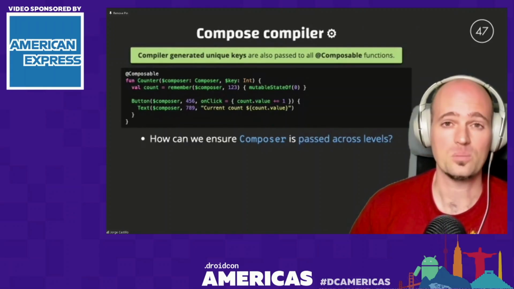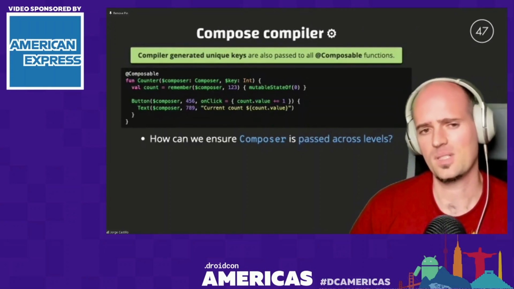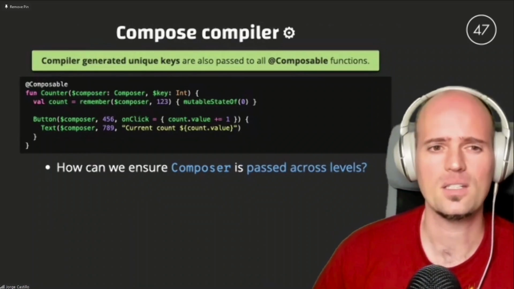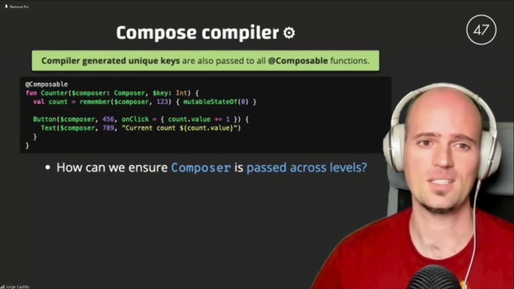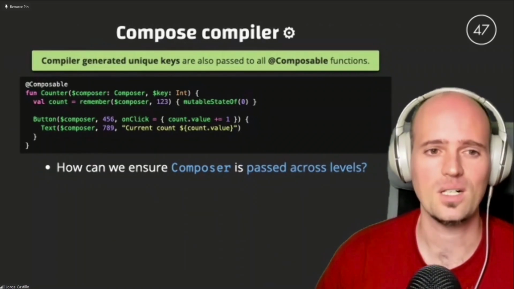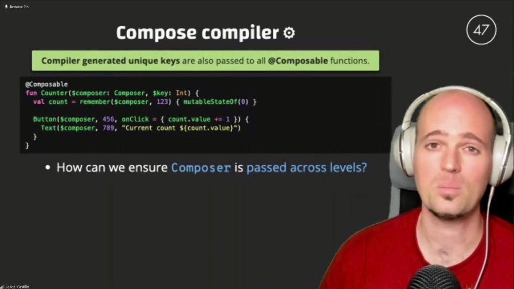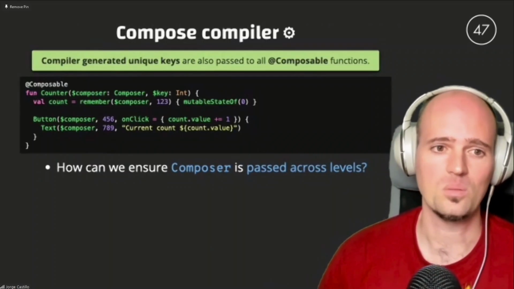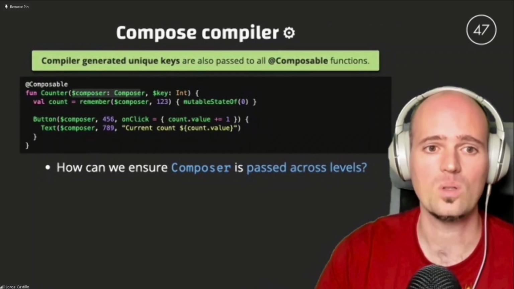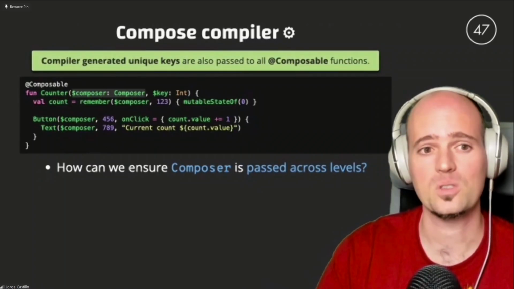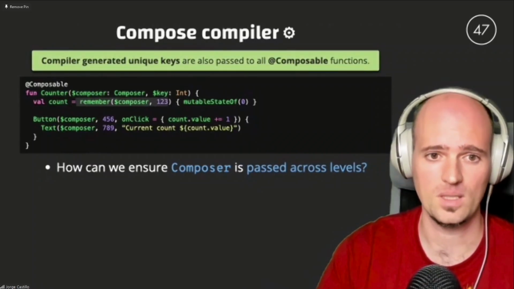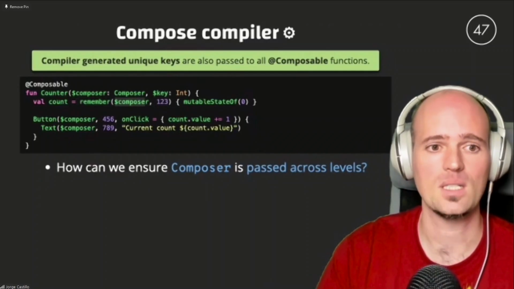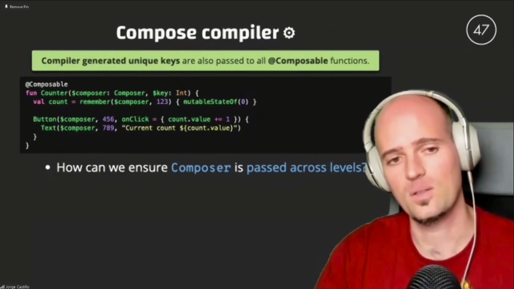Here's an example of a composable that I grabbed from a talk by Leland at KotlinConf 2019, I think it was. It shows this counter composable and how the compiler introduces and passes this extra parameter, the composer, across all the composable calls, like the remember one, which is also a composable function, so it forwards the composer to it, also the button, the text, and all that.